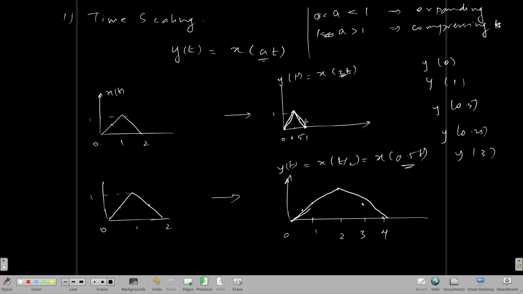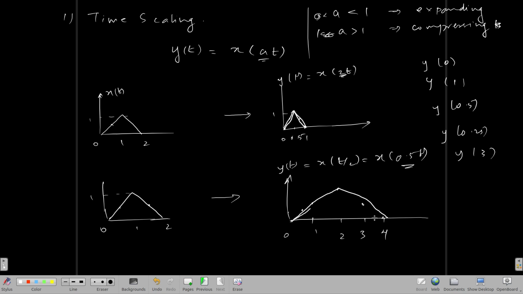So you may think like here actually the signal is there from only 0 to 2, the original signal, but we are getting signal from 0 to 4. Where are these extra samples coming from? That was what I was saying initially.